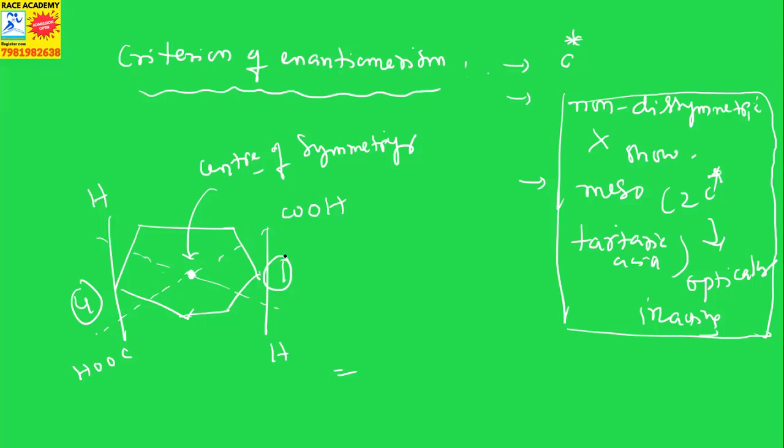The compound is non-dissymmetric and exhibits no enantiomerism. So this is about the criteria of enantiomerism. Now we will start learning about RS configuration, which is also called absolute configuration.